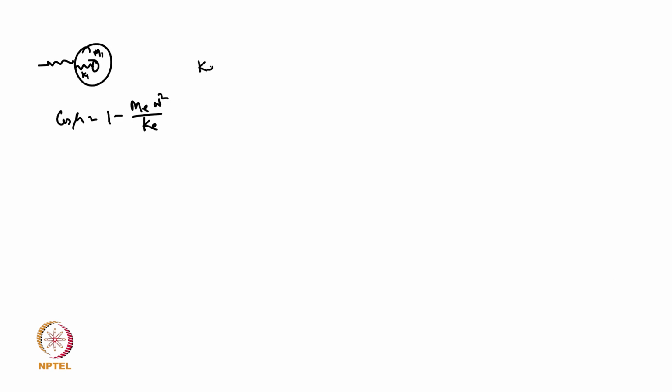Now let's see what happened for the machine mass. So in case of machine mass, if we think we are having this one, internally it is m1, externally it is k1. So what is my cos mu equal to? We know that 1 minus me omega square divided by ke. Now ke here is k only, so not a problem. What is me?